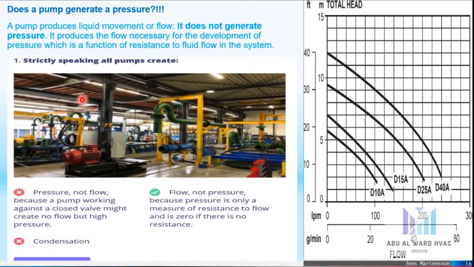So, strictly speaking, all pumps create flow, not pressure, because pressure is only a measure of resistance to flow and is zero if there is no resistance. If there is no resistance, the flow is zero. That means the system resistance here is zero.